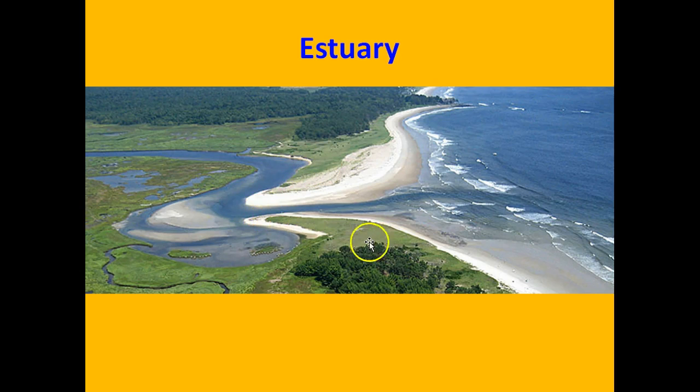So you have this region right in here where you're going to have a mix of freshwater and saltwater, and this is a really neat ecosystem, and you get a really interesting variety of organisms that are able to survive in that environment, transitioning from the freshwater to the purely saltwater out here. So estuary is a really unique aquatic biome.